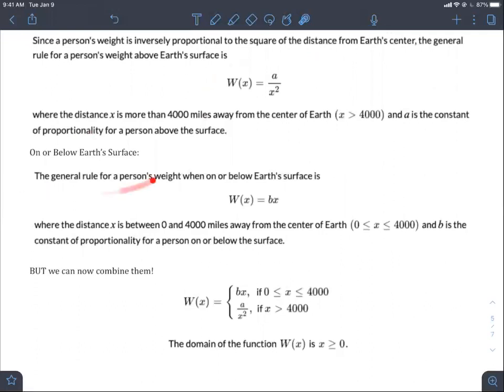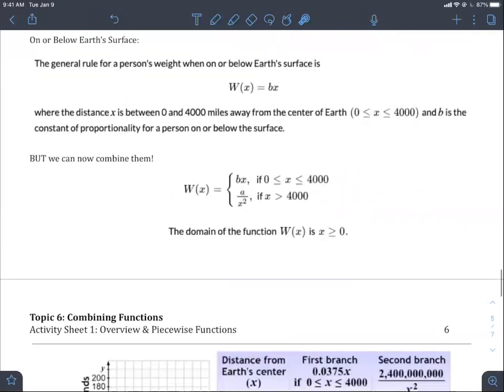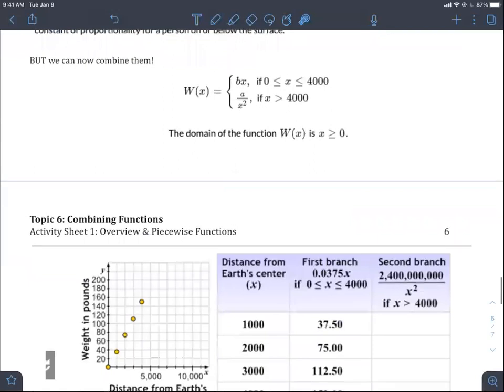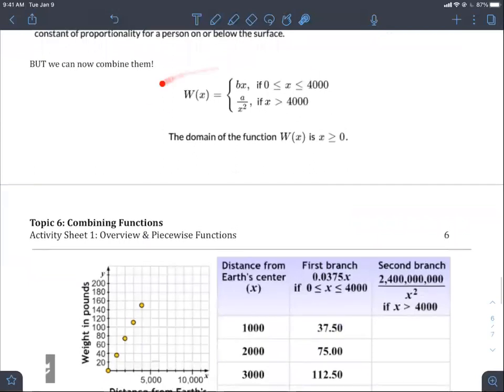Then we have what's going on below the Earth's surface, and this is where we have our directly proportional relationship. This is going to be for x values between 0 and 4,000. We are going to put these together to have a piecewise function.